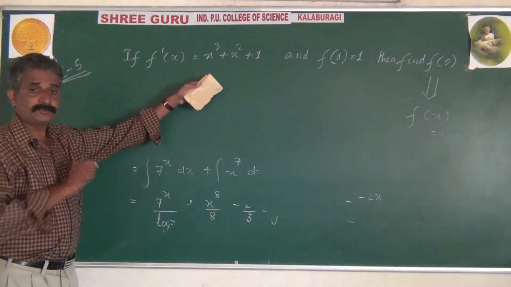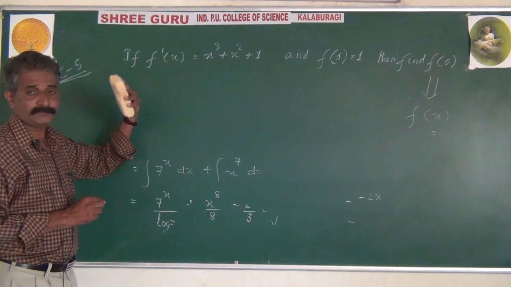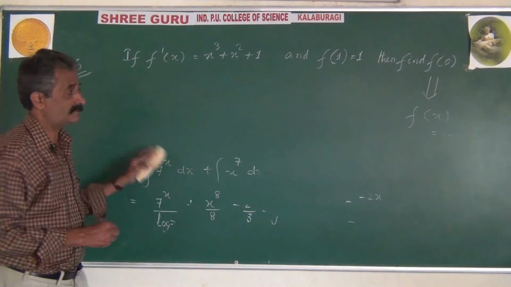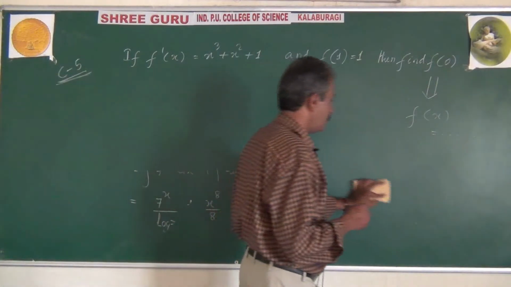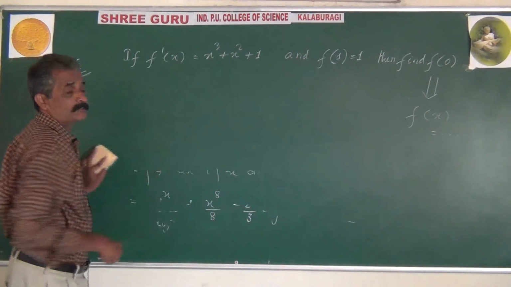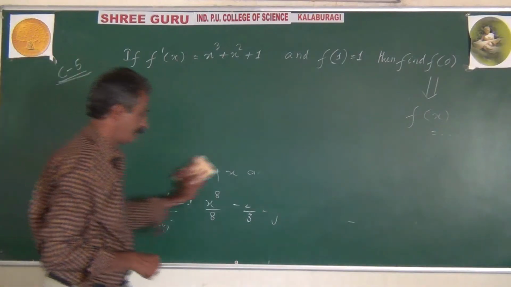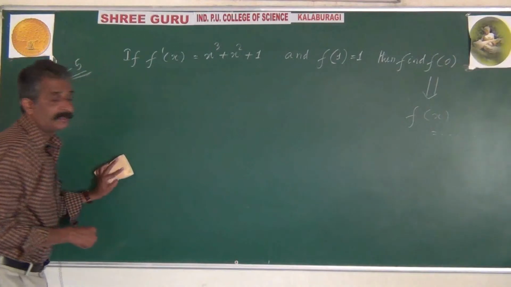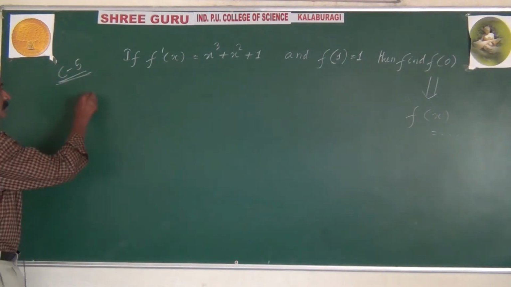For that, we should not differentiate, because when we differentiate, we will get f double dash of x. But our aim is to get f of x. Obviously, the given equation has to be integrated. So write the solution: take the given function and integrate on both sides.